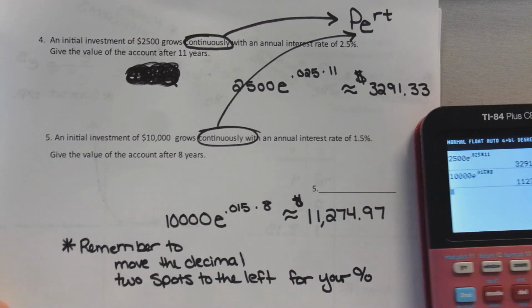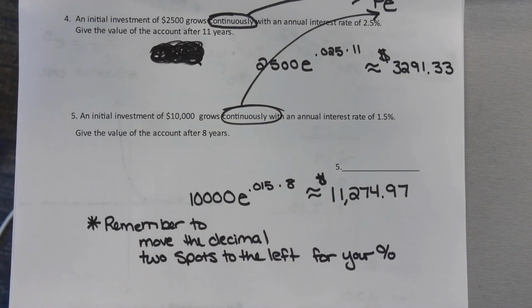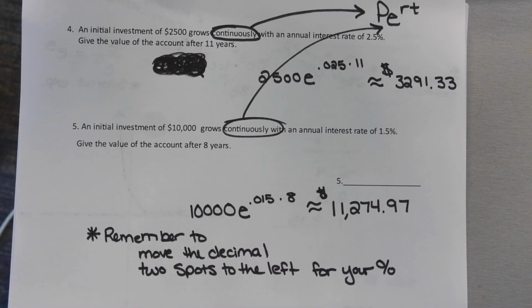Okay? So that could be a little note to write yourself because there's something about quizzes and tests that changes us and we don't focus as much as we normally do and we forget little things, right? There's that little bit of anxiety that goes into quizzes and tests and so sometimes we forget that we need to move that decimal over.